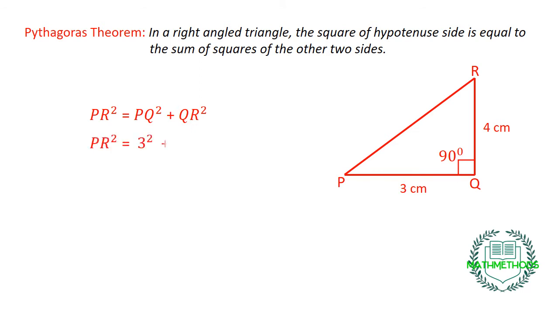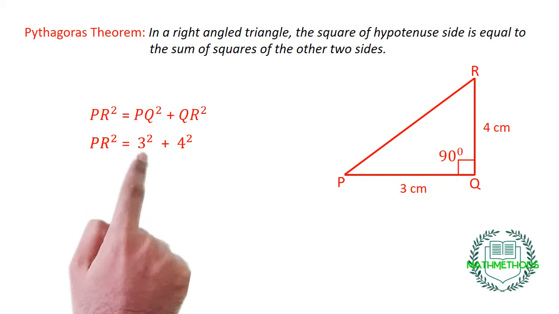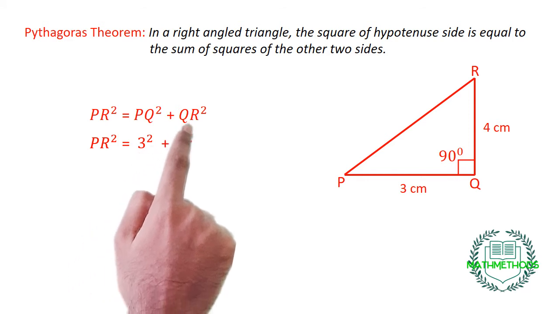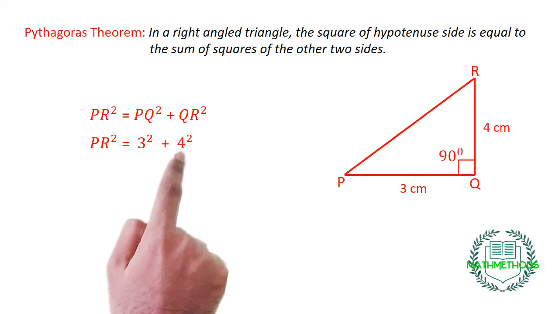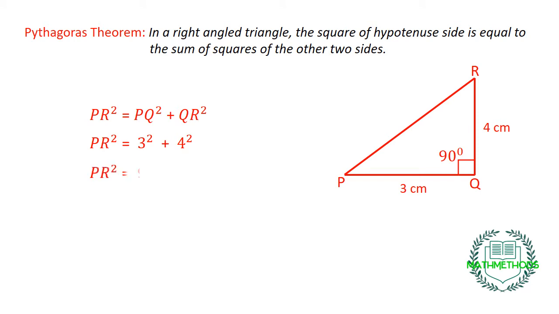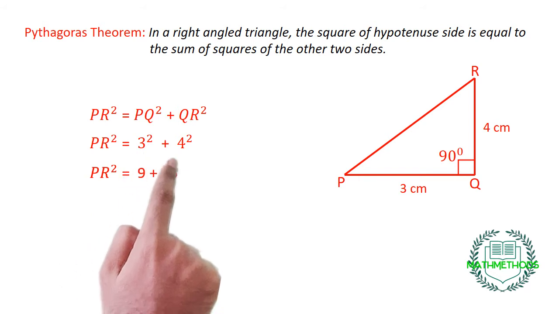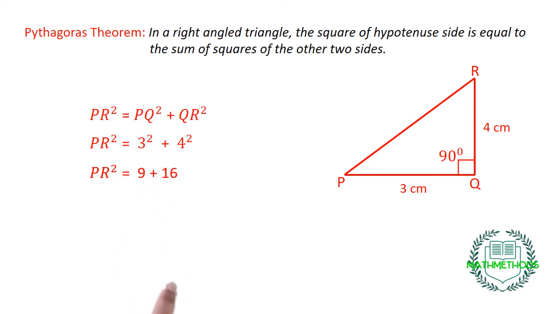Therefore, PR squared equals 3 squared plus 4 squared, as length PQ is given as 3 cm and length QR is given as 4 cm. PR squared equals 9 plus 16, since 3 squared is 9 and 4 squared is 16. PR squared equals 25.